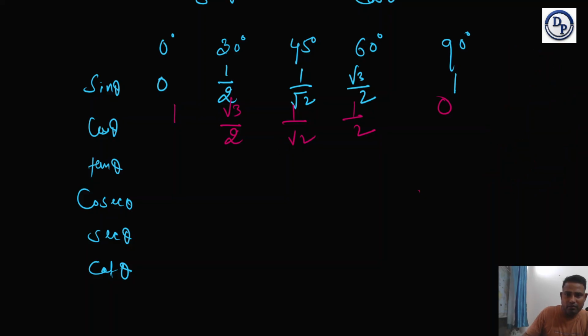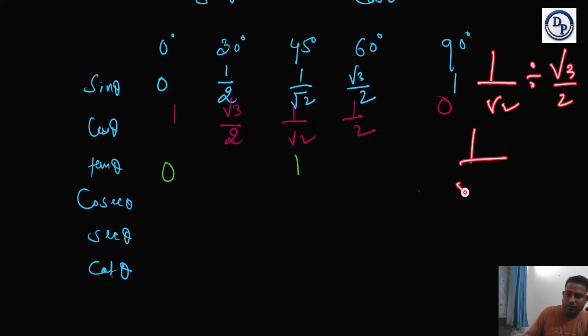So I can write 1 here for the tan 45. Similarly, when we divide 0 by 1, we get 0. When you divide 1 by 2 by root 3 by 2, we get 1 by 2 multiplied by 2 by root 3.